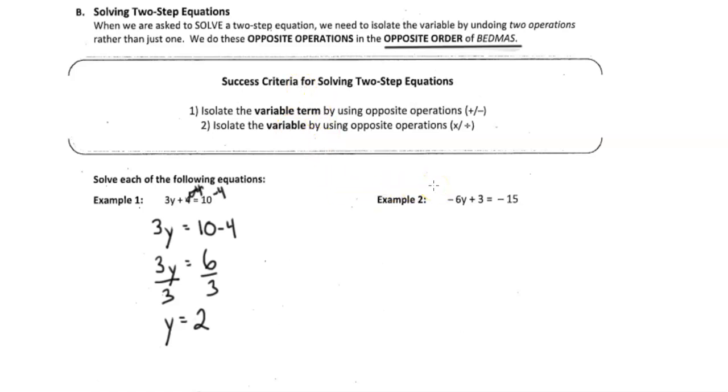Okay. What are you going to deal with first? The negative 6 or the plus 3? Negative 6 is being multiplied by y, and plus 3 is being added to y. I think I'm gonna deal with 3. Okay, so write it out.